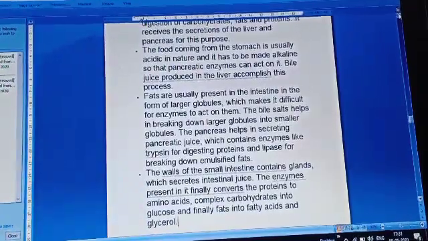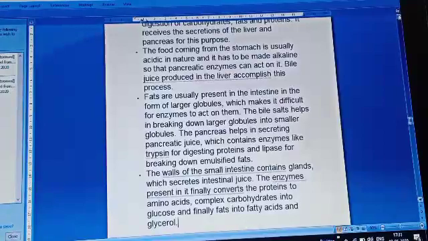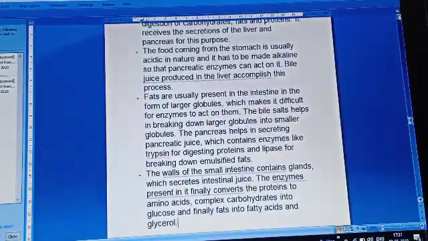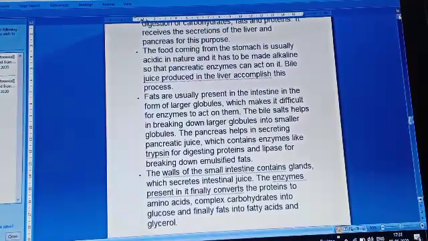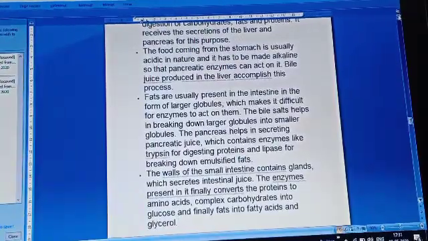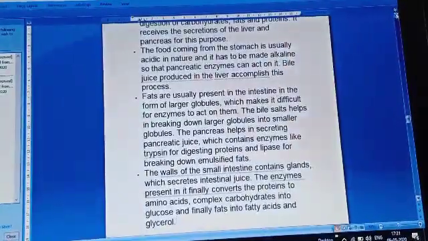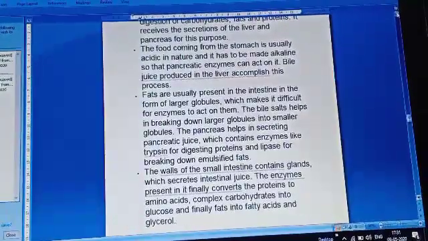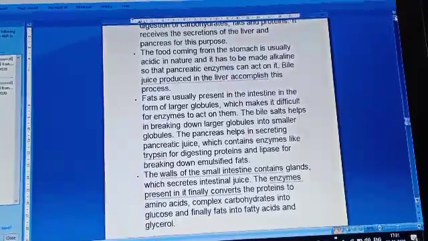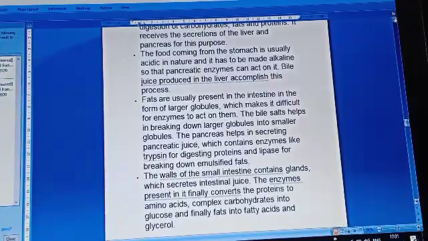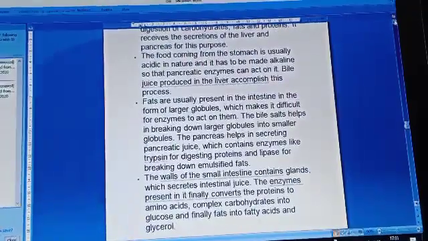Then the pancreatic juice, which contains trypsin and lipase, can easily act on it. Trypsin breaks down proteins, and lipase breaks down the emulsified fat, meaning the big molecules are converted into smaller ones. The smaller globules of fat are broken down by lipase and converted into fatty acids and glycerol.